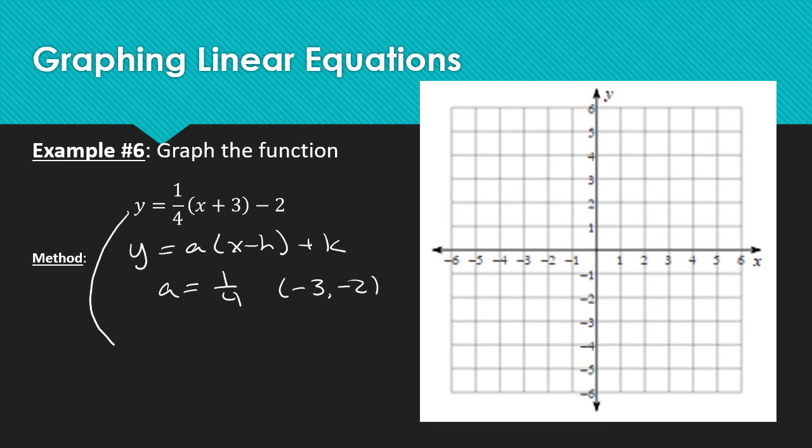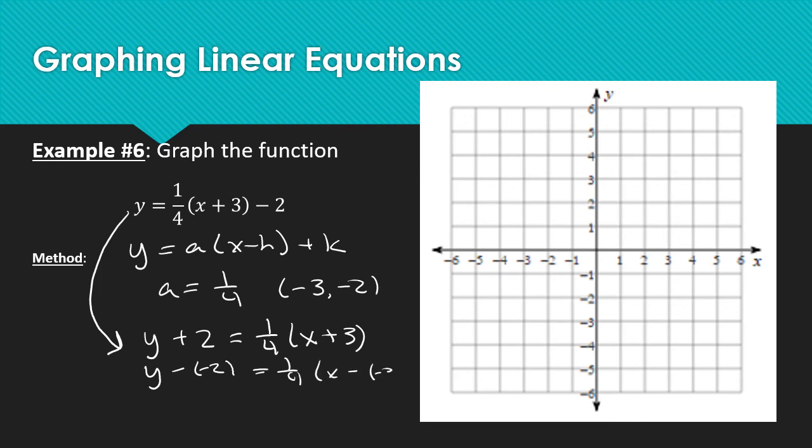Some of you will go for option 2, and you will move this 2 back over here so it matches point slope form. It doesn't really matter to me how you do this. This is really y minus a -2 equals 1/4 times x minus a -3.